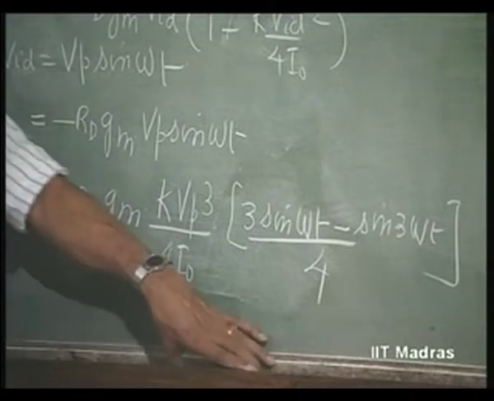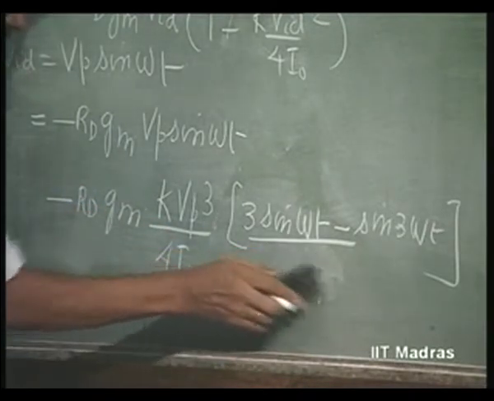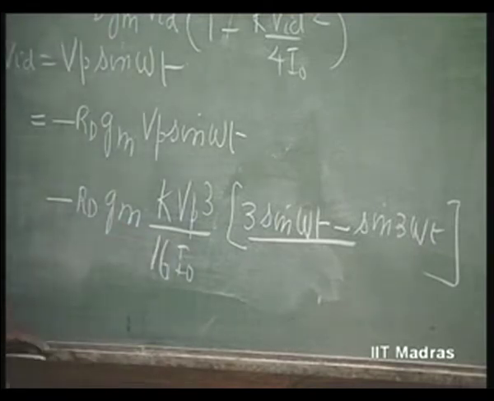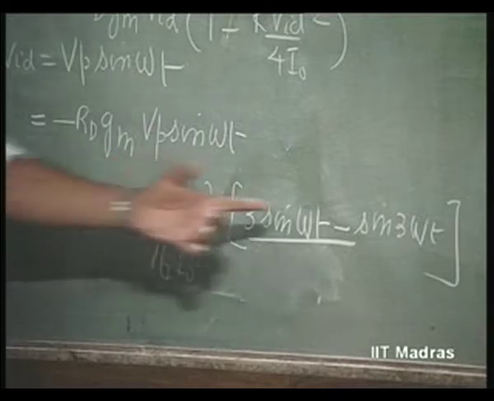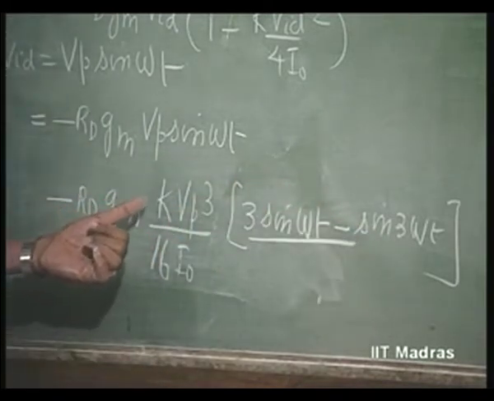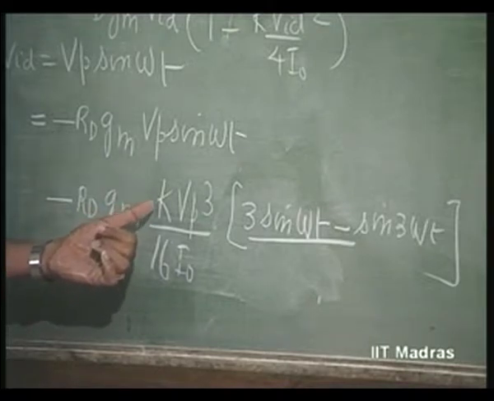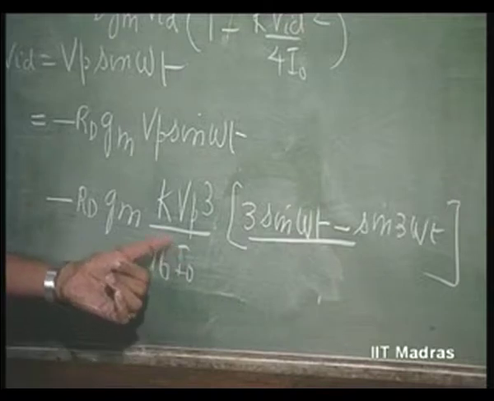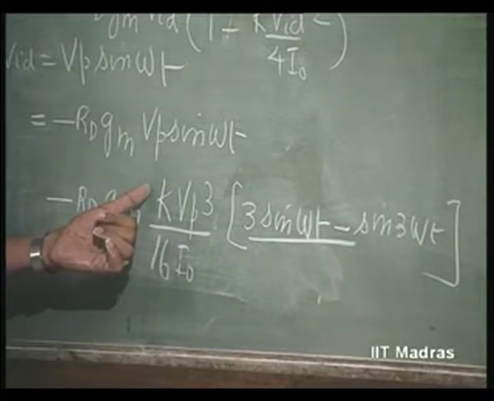So, we can now see that this 4 combined with this, we get 16. So, the third harmonic component is going to be k Vp squared divided by 16 I naught as against Vp of the fundamental.